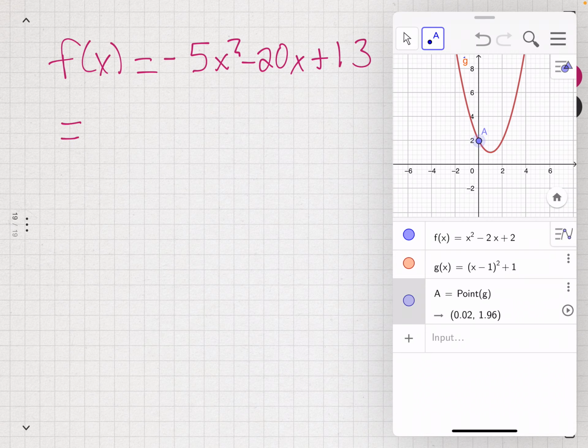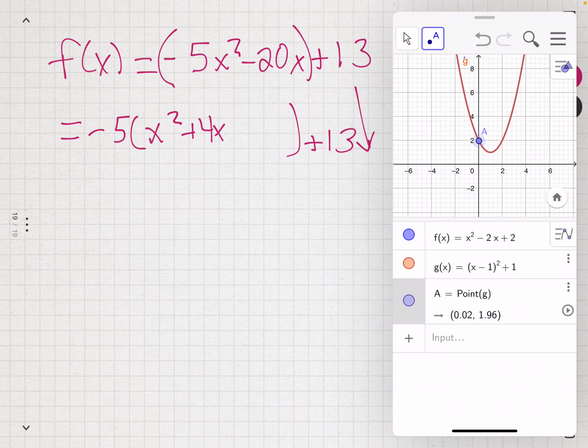And remember our process for completing the square was that our coefficient of x squared had to be 1. So first, I know I'm going to want to work with these terms, and the 13 is going to come along for the ride. So we have plus 13, but I'm going to pull a negative 5 out. X squared plus 4x. Because if I distribute that back through, I get my original back.